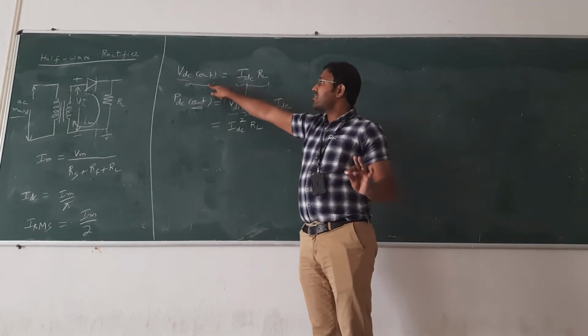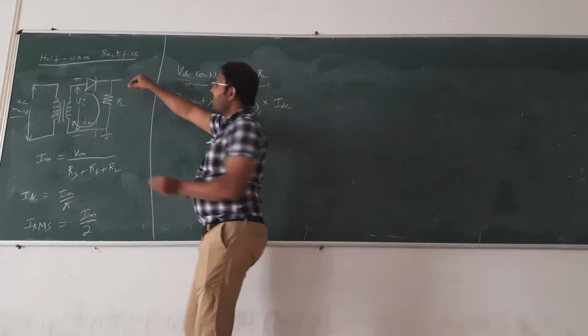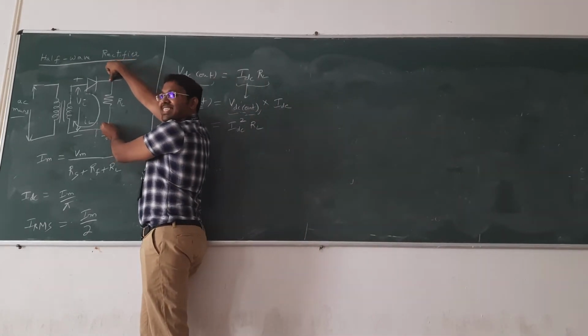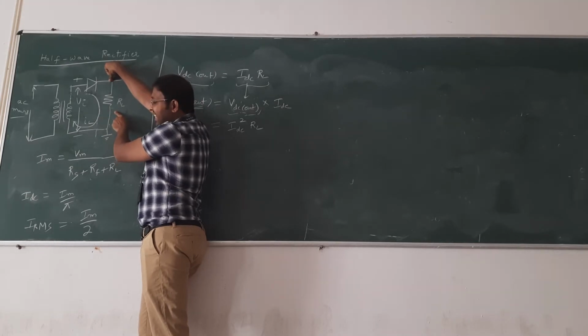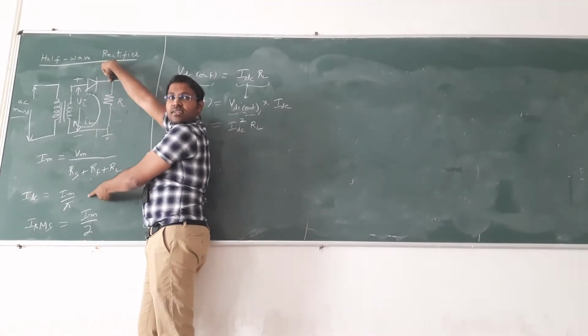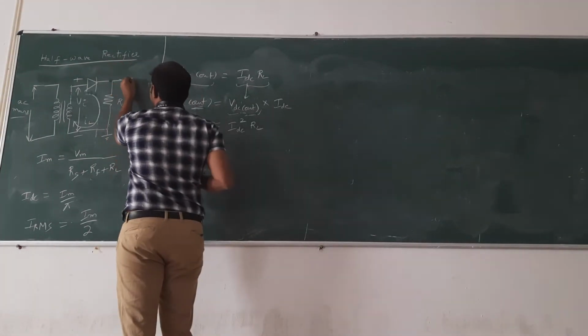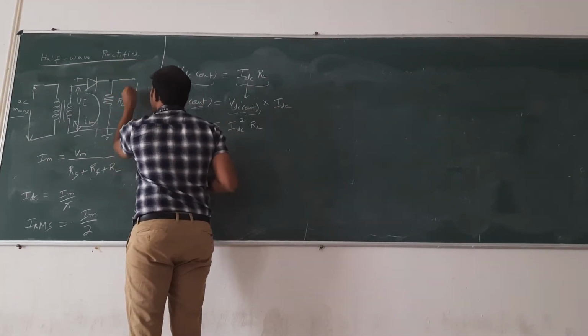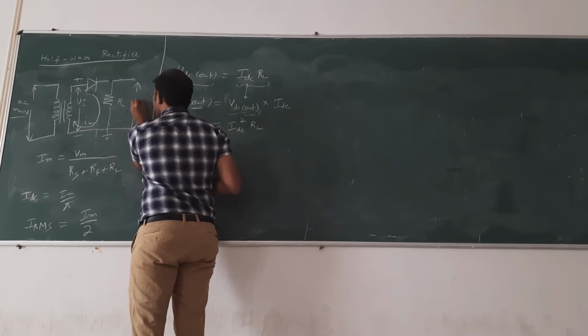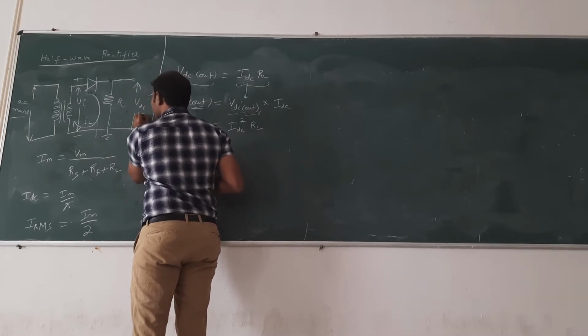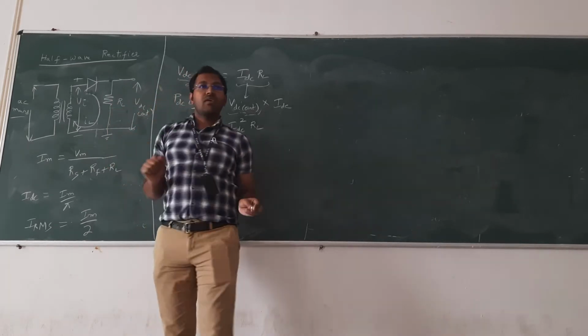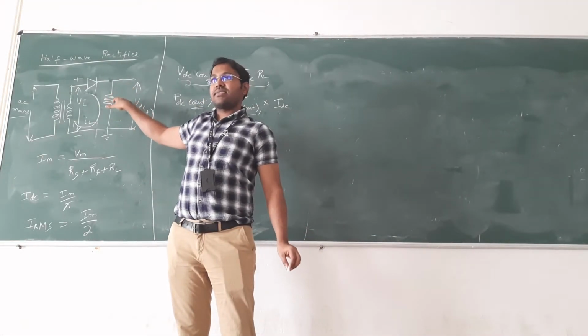VDC out, what is the current? What is the DC current here multiplied by resistance? The DC current here is IDC. So VDC out, let me write here, only the DC component.